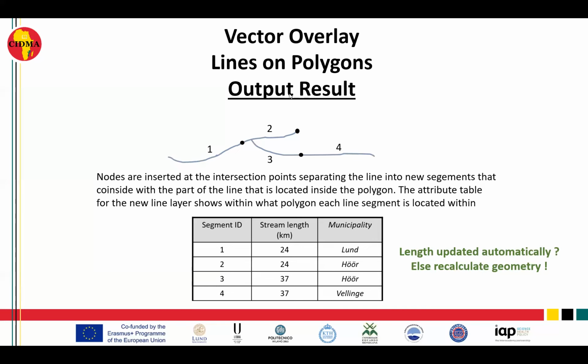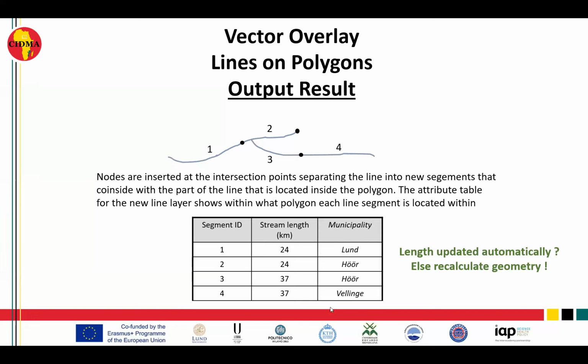So out comes, we had a line input and a polygon input. The result from this overlay operation is then a new line vector that looks a bit different. New segment IDs have been created.